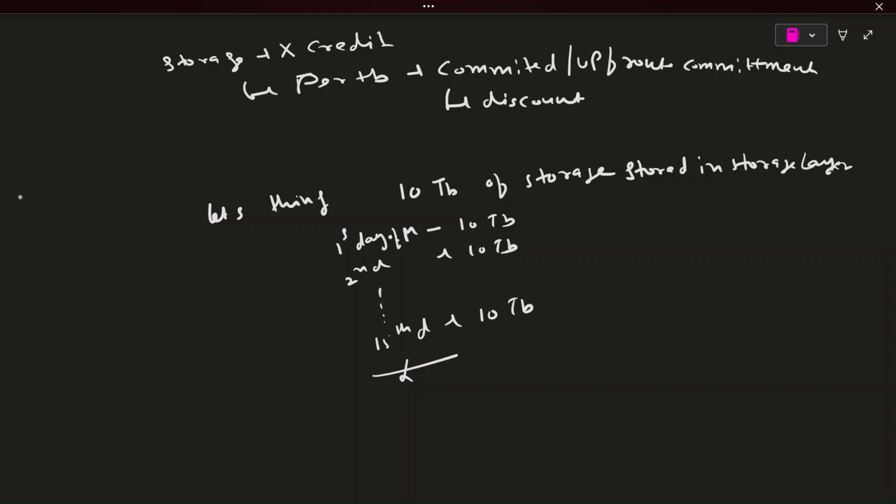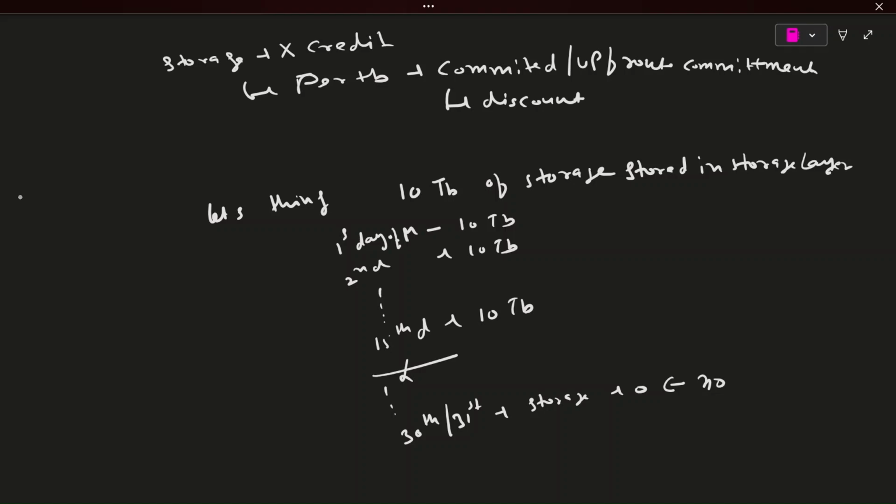Now what do you think? At the end of the 30th or 31st, my storage consumption was, let's say, 0. So how will Snowflake charge? Does it charge on this 0 TB? No. It will average out.